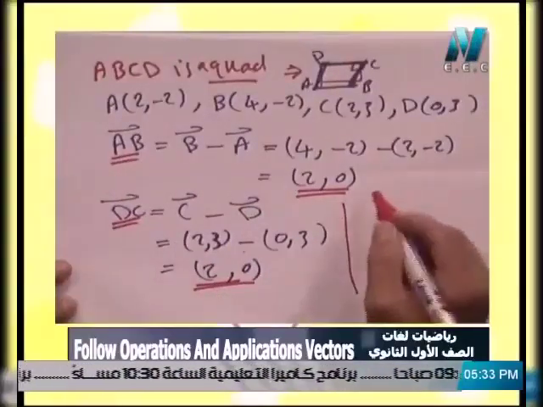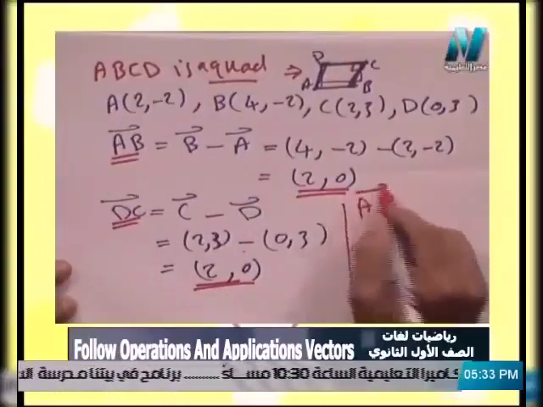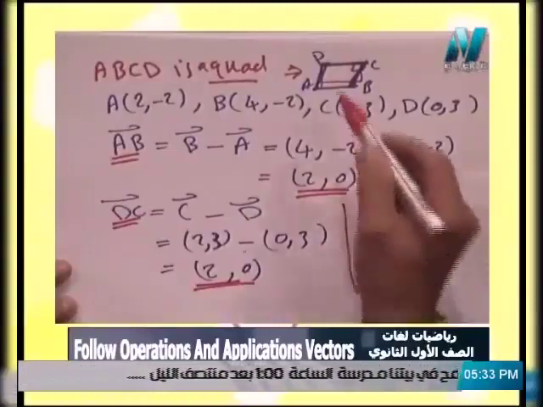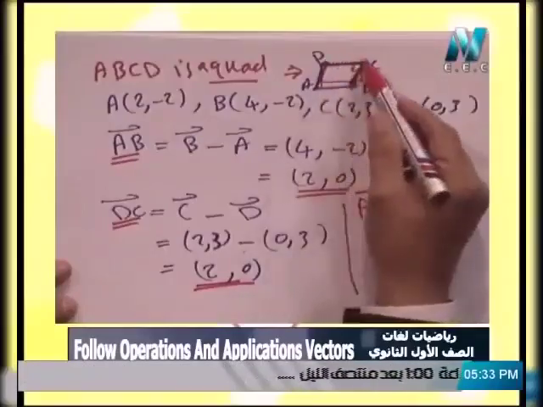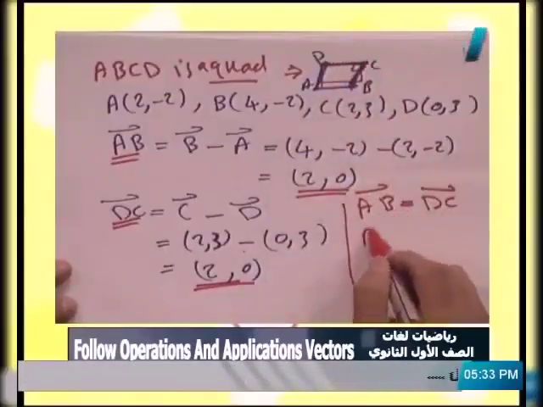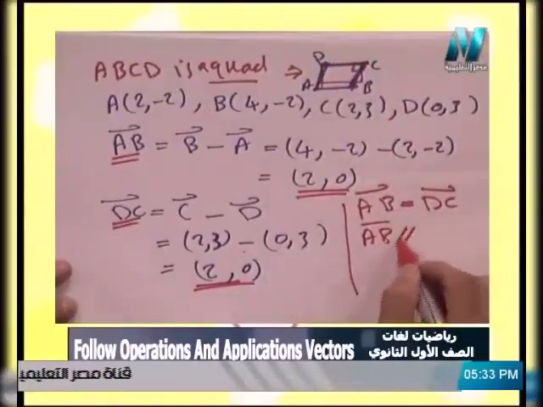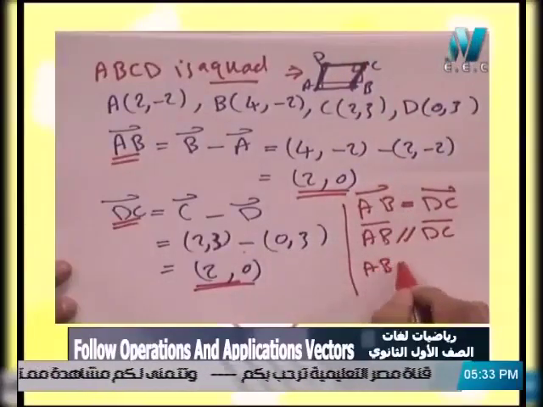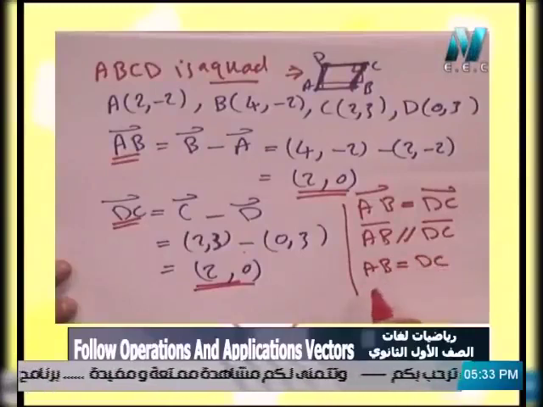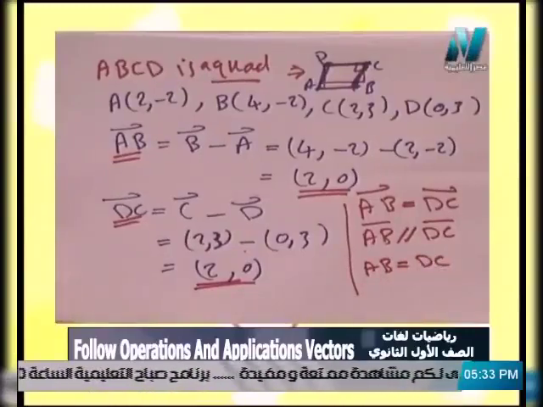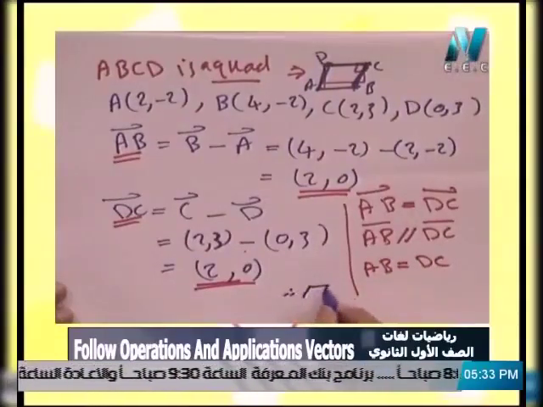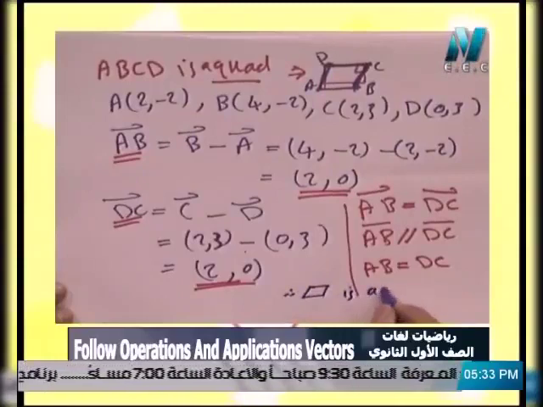So we have deduced that the vector AB exactly equals the vector DC. So AB is parallel to DC, and AB as a length equals DC. So ABCD is a parallelogram. Therefore, this quad is a parallelogram.